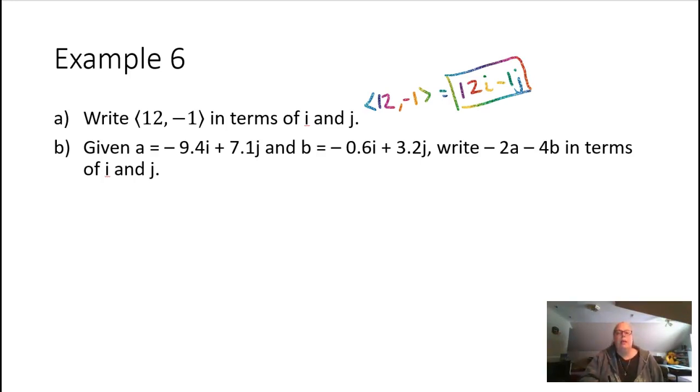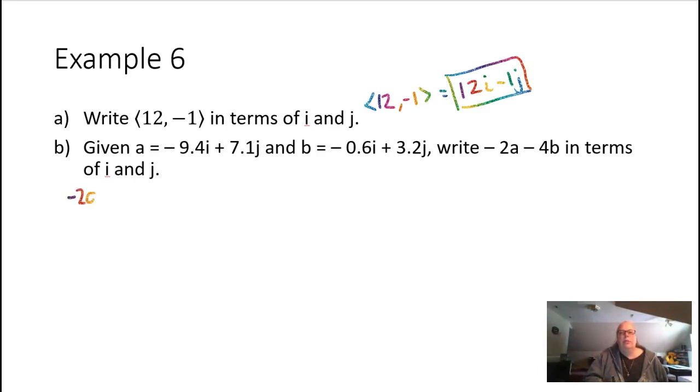For part B, we're given the vector a, negative 9.4i plus 7.1j, and the vector b, negative 0.6i plus 3.2j, and we're supposed to write negative 2a minus 4b in terms of i and j. Y'all, this is almost going to be like adding your like terms kind of a situation.